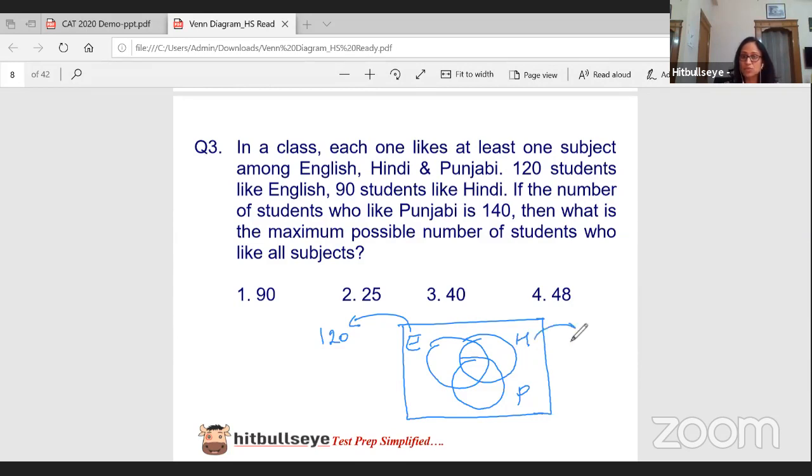There are 90 students who like Hindi, and the number of students who like Punjabi in totality is 140. The question is asking for what is the maximum possible number of students who like all the three subjects. That means the question is not asking for the precise value of all. The question is asking for what is this shaded portion's maxima.